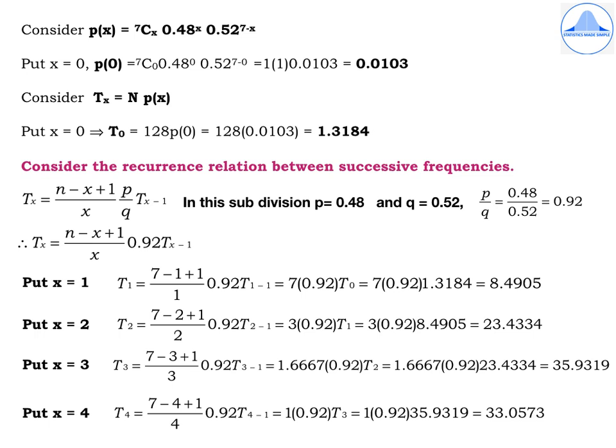You will get T2 is equal to 7 minus 2 plus 1 by 2, 0.92 into T2 minus 1, which is 3 into 0.92 T1, which is equal to 23.4334. In a similar way, put x equal to 3 and you get T3 equal to 35.9319. And when we put x equal to 4, you get T4 equal to 33.0573.